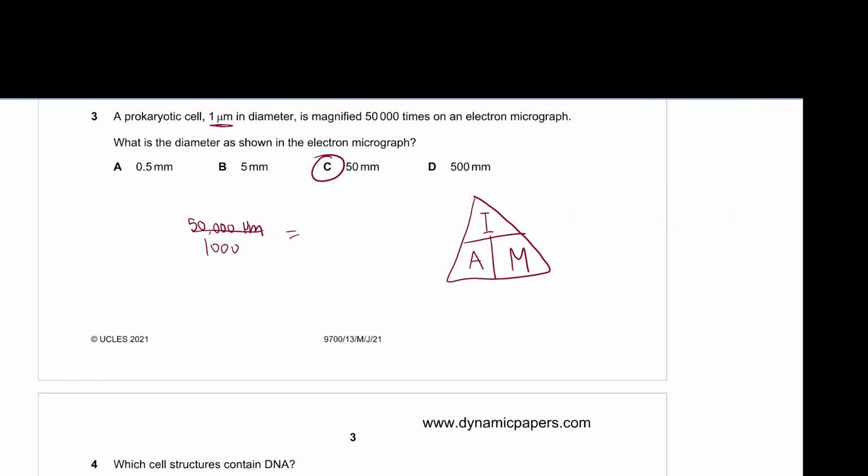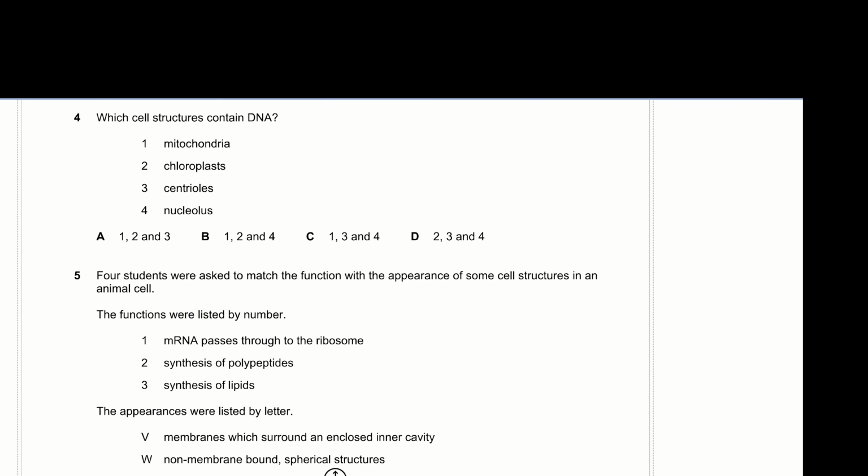C. 4. Which cell structures contain DNA? Let's start with mitochondria. It definitely does contain DNA, but it's circular DNA. So this is correct. 2. Chloroplasts. It also contains circular DNA. Centrioles. Centrioles do not contain DNA because centrioles are made of 2 microtubules lying 90 degrees to each other, or at right angles.